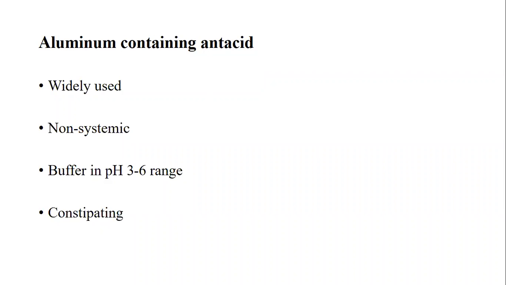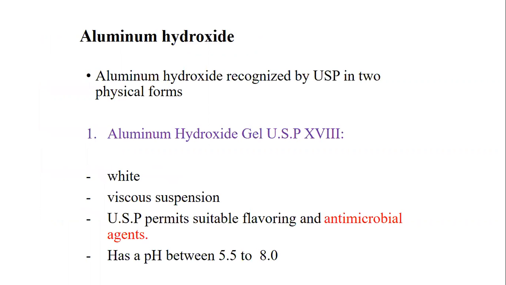There are two compounds under your syllabus, that is aluminium hydroxide gel and aluminium phosphate. We'll try to finish those two today. Aluminium hydroxide is recognized by the United States Pharmacopoeia in two physical forms. One is aluminium hydroxide gel, which is white in color.